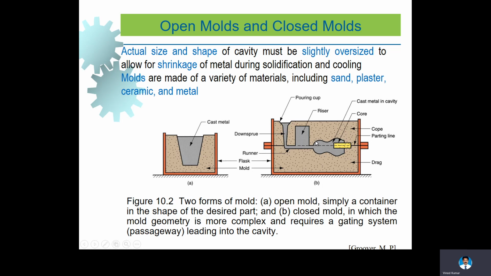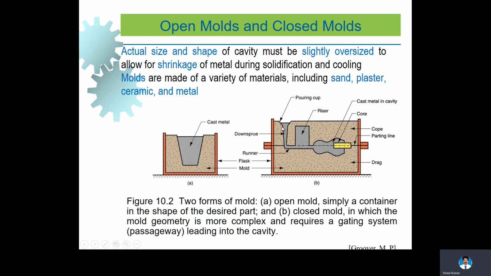First step, we have to produce a pattern having the same shape but oversized, because shrinkage of metal takes place, and this pattern is fixed in the flask, and the flask consists of cope and drag, and the pattern is surrounded by the sand, and it consists of a riser, a downsprue, etc.